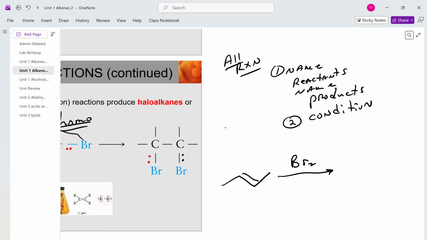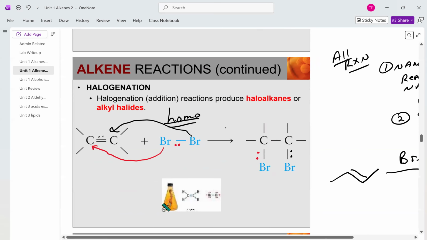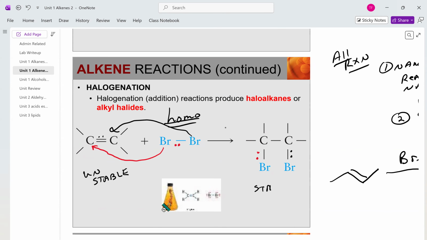Okay, so we've got, oh, by the way, one other thing. Double bonds are unstable. It has to do with where the electrons in the double bond are located, and that's what makes it unstable. And we're going to a single bonded carbon, so that's stable.